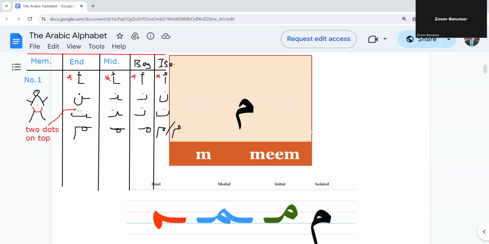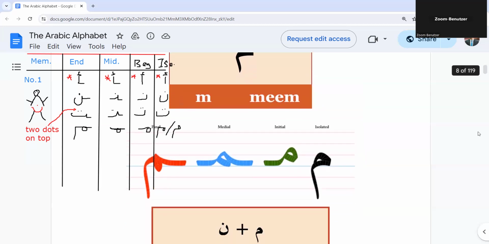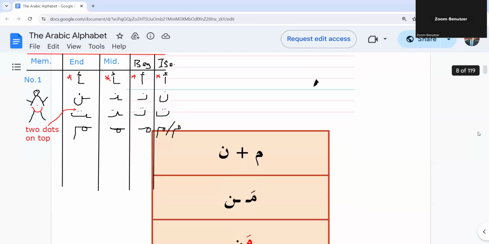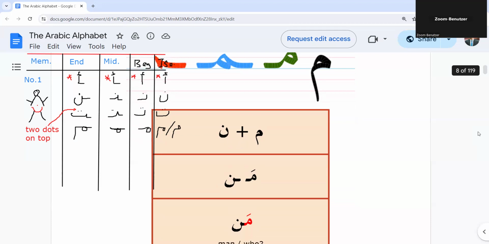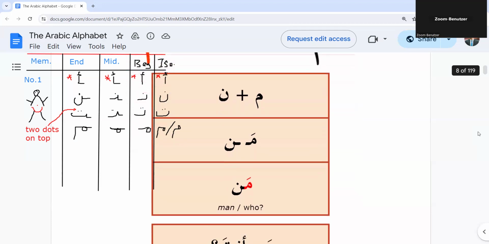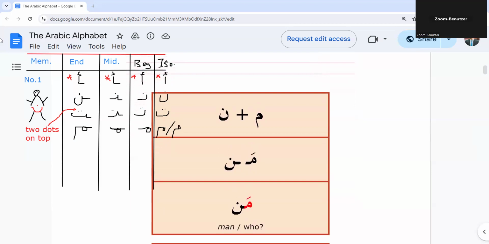I'm done. Great, mashallah. So can you read this word? Man. Man. Beautiful. Let's remember this.